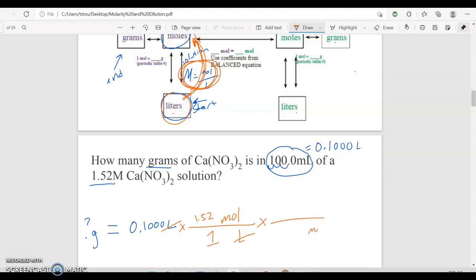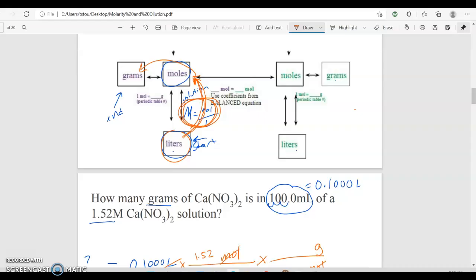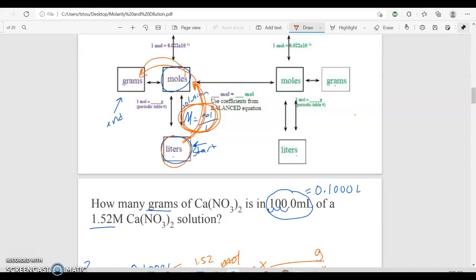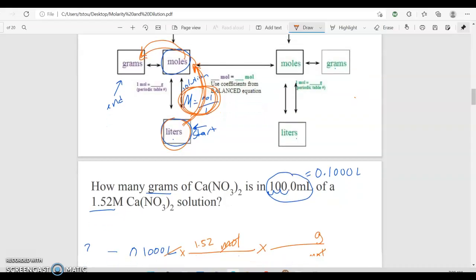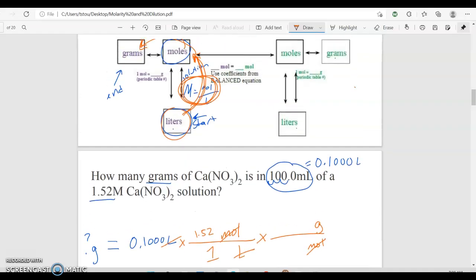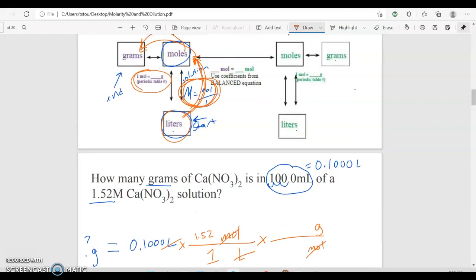Going on to my next step. I want to get out of moles, so I'll put it on the bottom. That way it'll cancel. I want to get into grams next. My second step is to go from moles to grams. So put grams on top. Here, when I'm going to go moles to grams, I can see my conversion factor there is the periodic table number. 1 goes with mole, so I'm going to put 1 with mole. And the grams is my periodic table number. That means I'm going to look up on there calcium. He's worth 40.078.